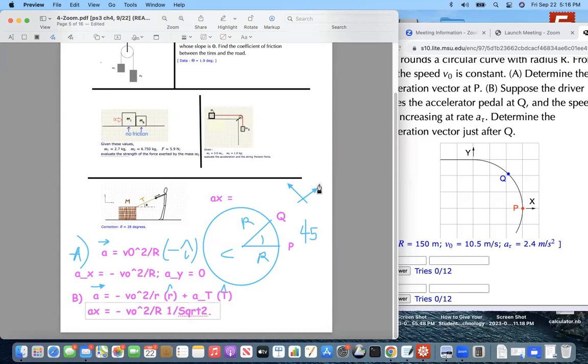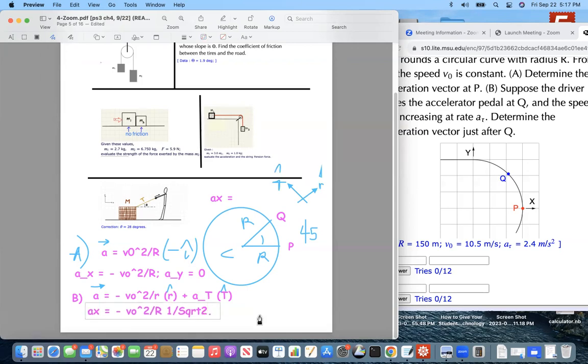So, here's r hat. And here's t hat. And now r hat has an x component, which, since the unit vector has length 1, is just 1 times cosine of 45 degrees. Cosine of 45 degrees is 1 over the square root of 2.